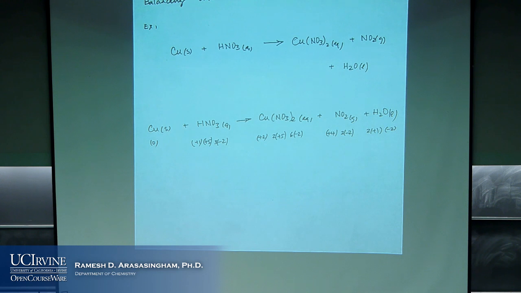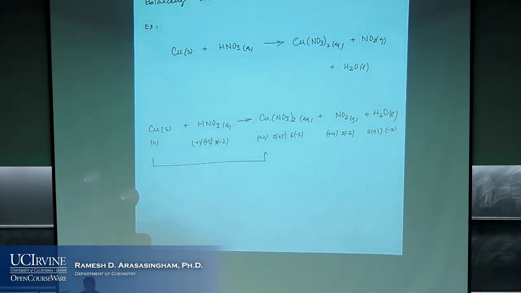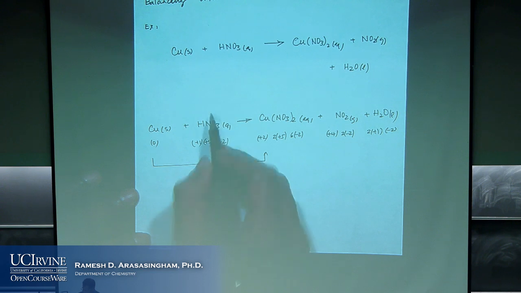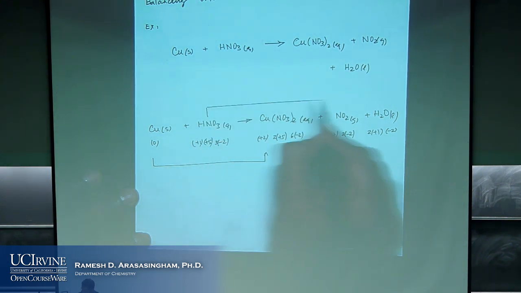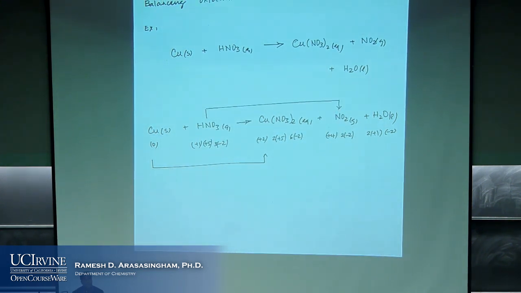Now my next step is to figure out which ones are undergoing changes. What is the first one that undergoes a change? Copper. What else changes? Nitrogen. But can you see that the nitrogen is tricky, because some of the nitrogens don't change and some of them do change.